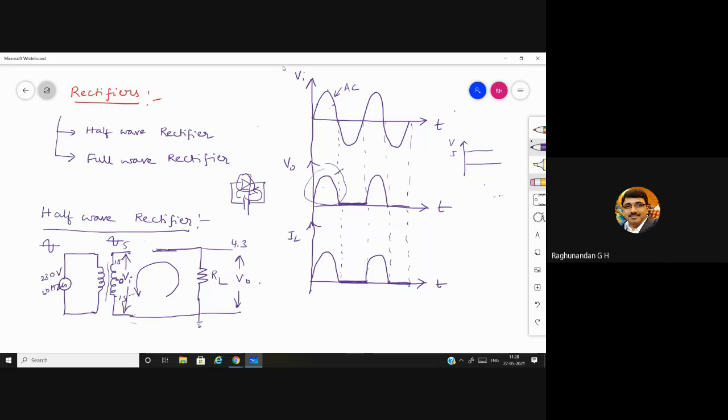Now, the same question I'm asking in a different way. This kind of shape, what does it indicate? Shripal, what is your answer?